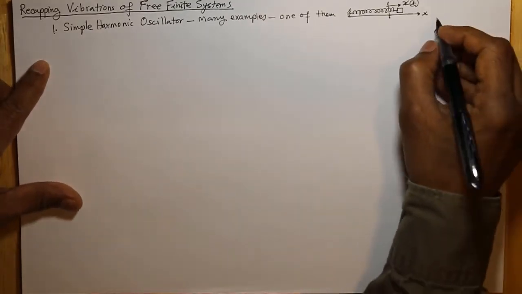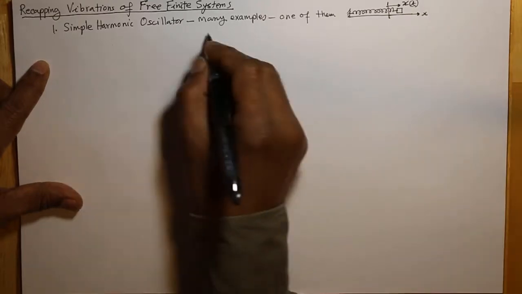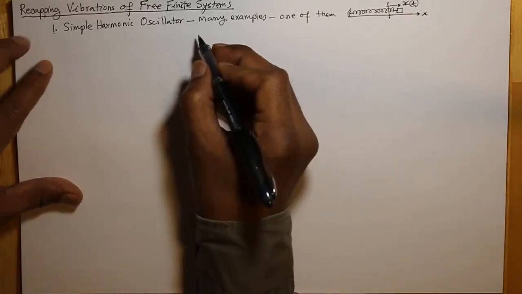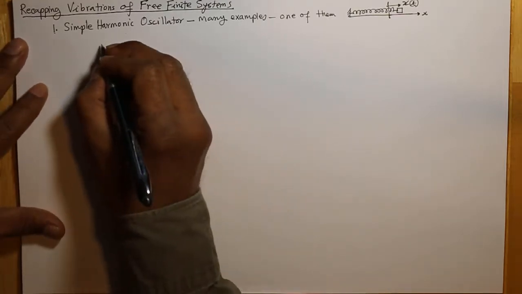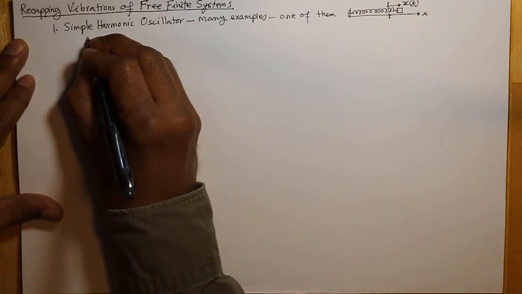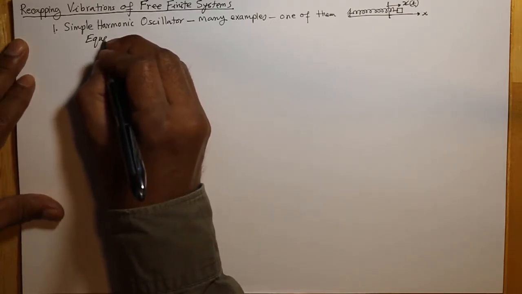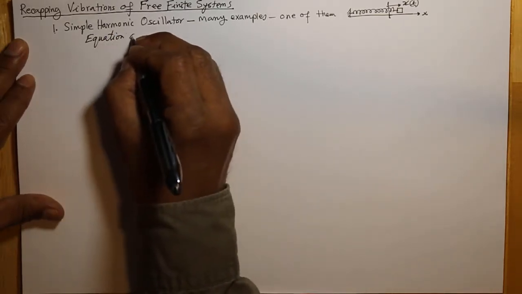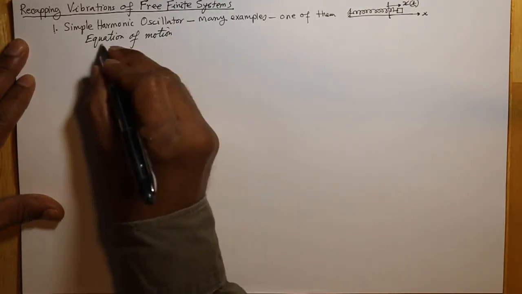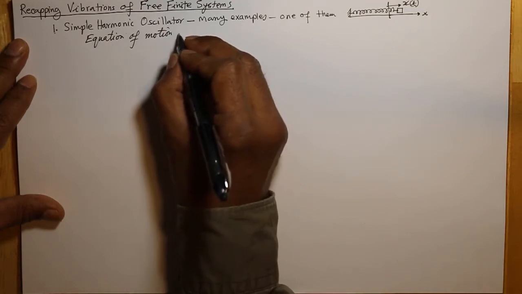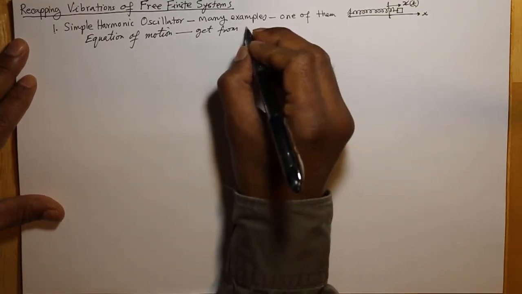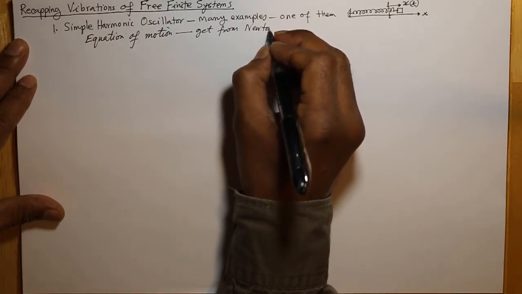All of them have 1 degree of freedom for us. So we just did 1 degree of freedom. You can have a simple harmonic oscillator with 3 degrees of freedom, but we did 1 degree of freedom. And a dynamical equation, our so-called equation of motion, is the equation of motion that you get from Newton's second law.